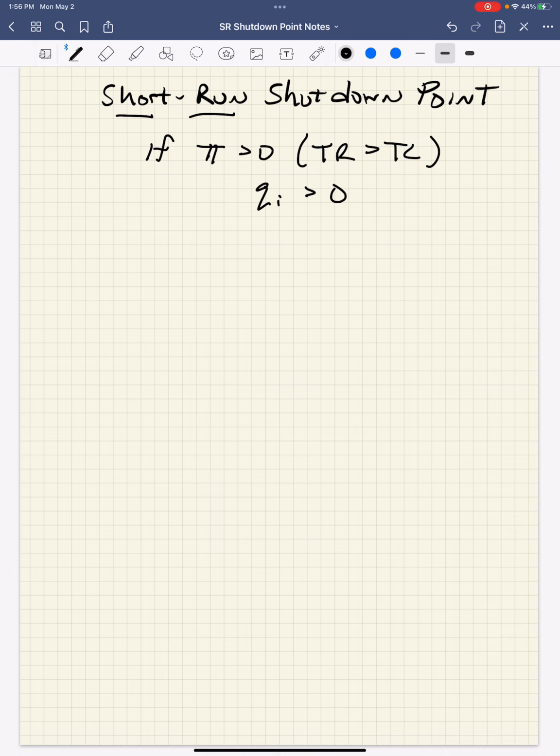So first off, remember the definition of short run versus long run in our model.